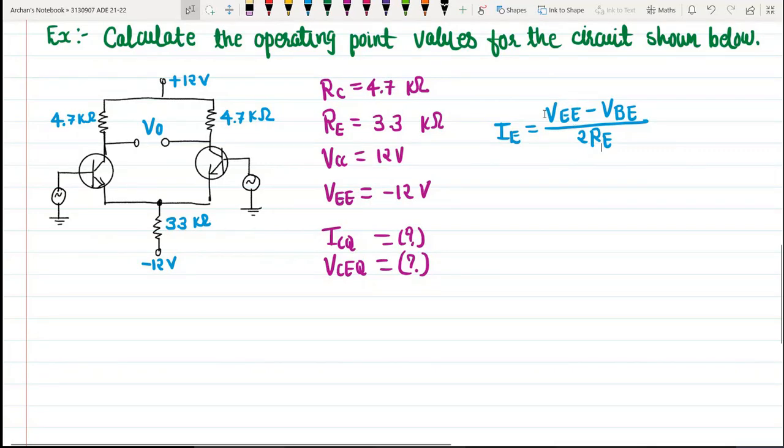Basically, when we talk about the VEE value, it is given to you as negative 12 volt, right? But this negative sign we have already considered while deriving the equations for IE. So you need not take the value as minus 12, but you will only take the magnitude, that is 12, because the negative value we have already considered while applying Kirchhoff's voltage law. So whatever value is there, that value needs to be put. You need not consider the sign, right?